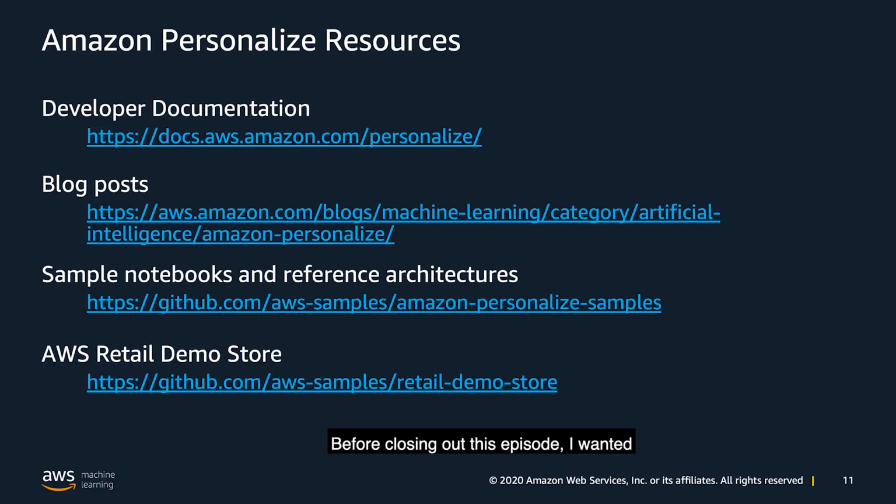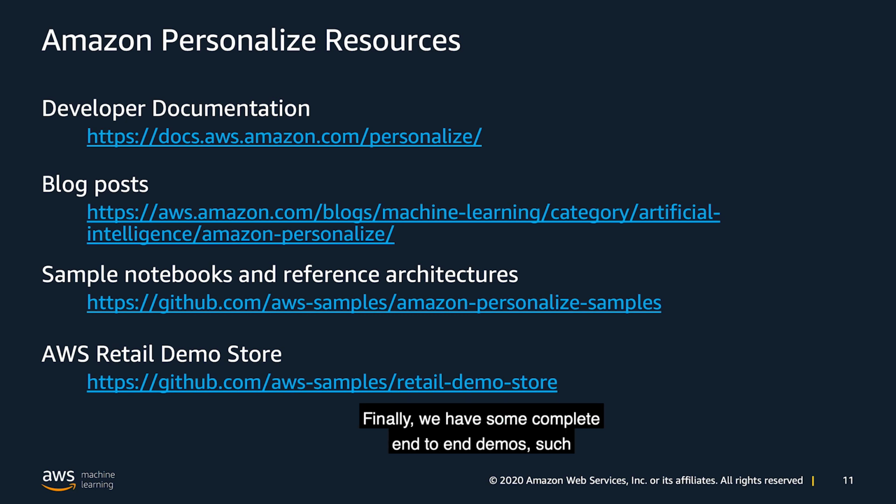Before closing out this episode, I wanted to remind you of the other resources available for working with Personalize. The Personalize developer documentation includes detailed information on how to use Personalize and the Personalize APIs. We also regularly publish blog posts that go into detail on new features, customer examples, and integration patterns. Since sometimes it's helpful to see sample code on how to implement a feature or build an integration, we have several resources available on GitHub that will walk you through using a feature or deploying a reference architecture.